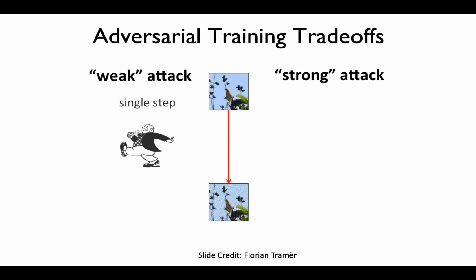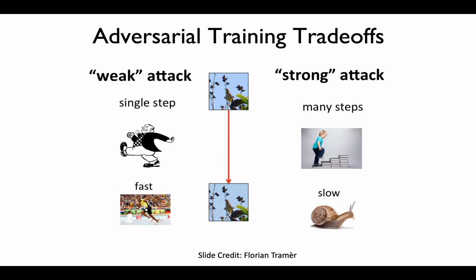But as we've seen before, these simple attacks like FGSM are single step, they are fast, but they're not very robust. If you have a strong, iterative attack, then you can create more potent adversarial examples, but it comes at a computational cost. The methods may be slow.